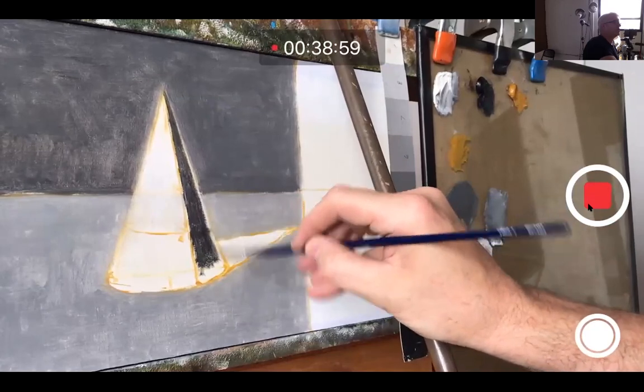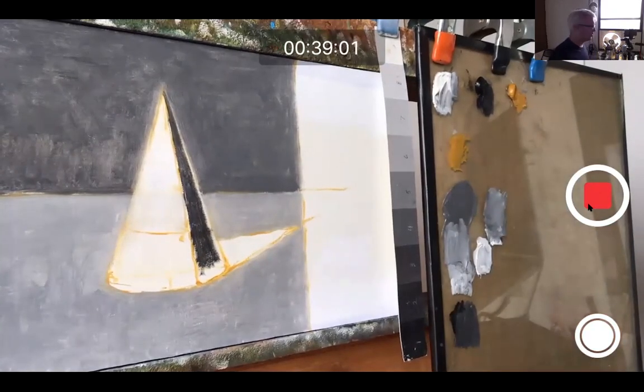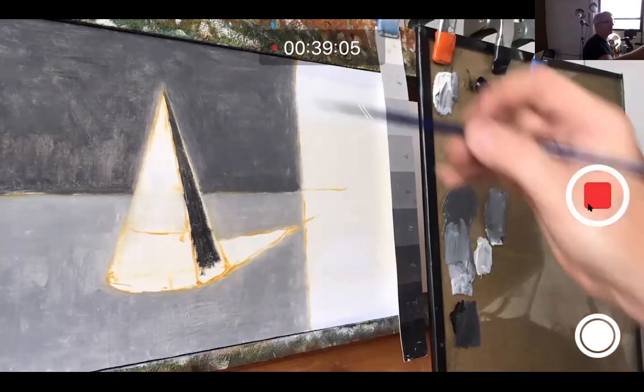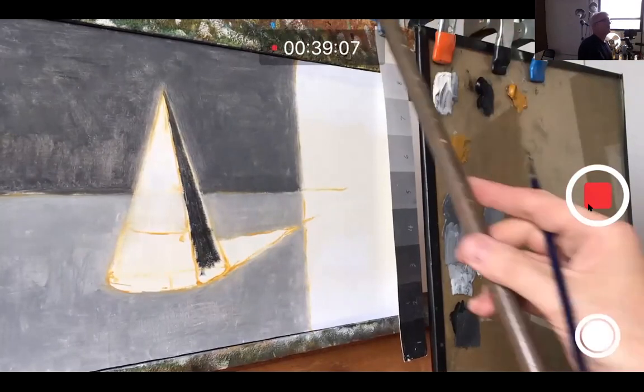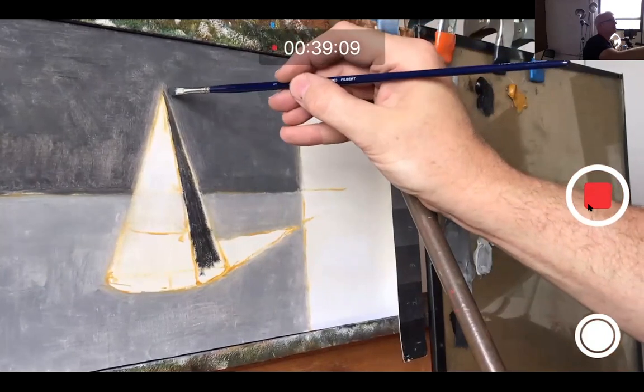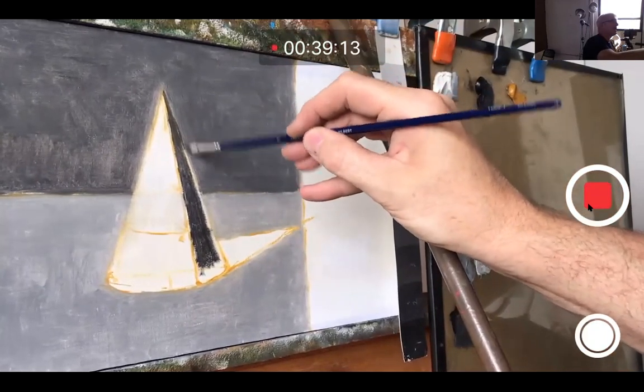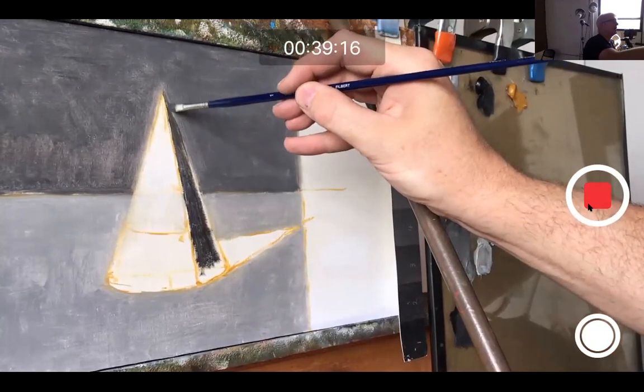But if it's a little bit too stiff to use right out of the tube, you can thin it with mineral spirits. Okay. You can also thin it with something called painting medium, but we don't have that yet. I can talk about that at a later date.